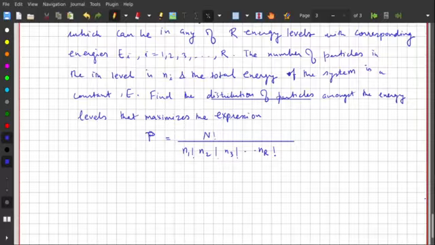So we want to pose this problem as an optimization problem.